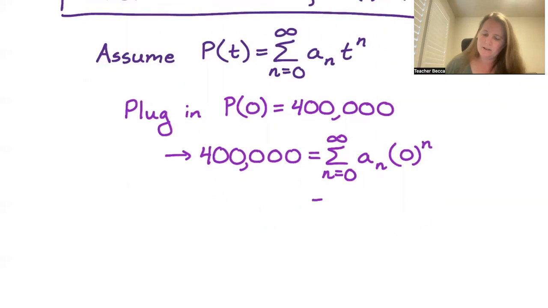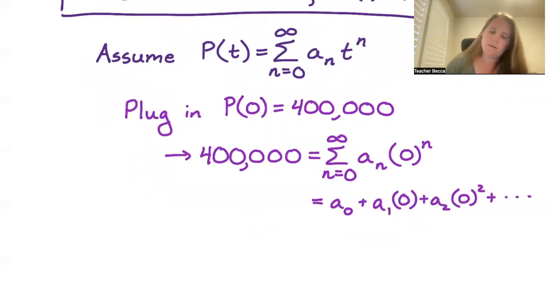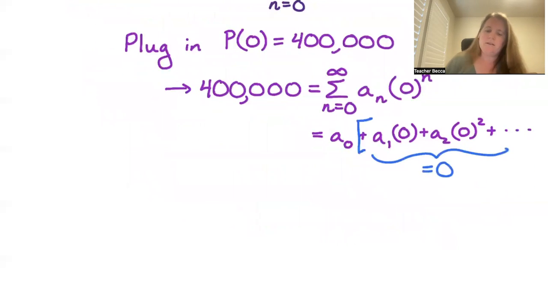So this is actually just a sub 0, right? So this would be a sub 0 plus a sub 1 times 0 plus a sub 2 times 0 squared plus etc. So everything beyond a sub 0 is just going to 0. And so we get that a sub 0 is actually just 400,000.